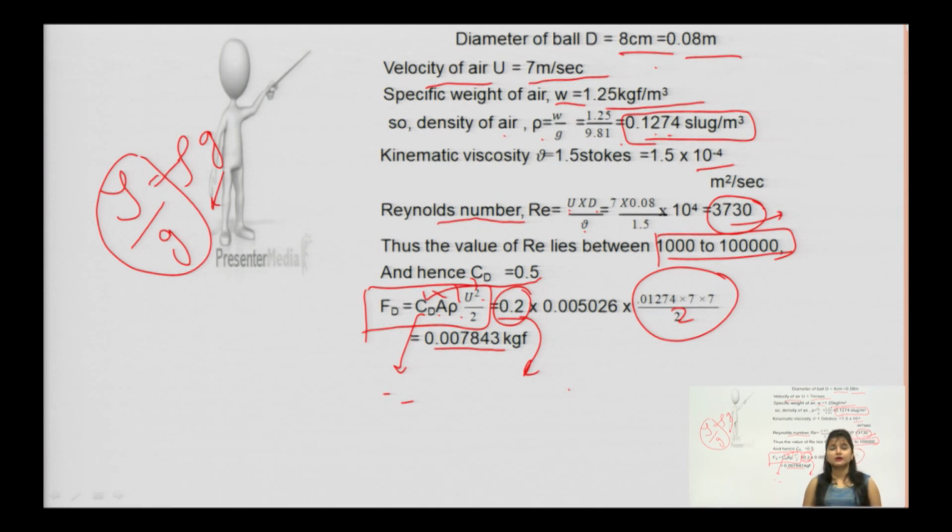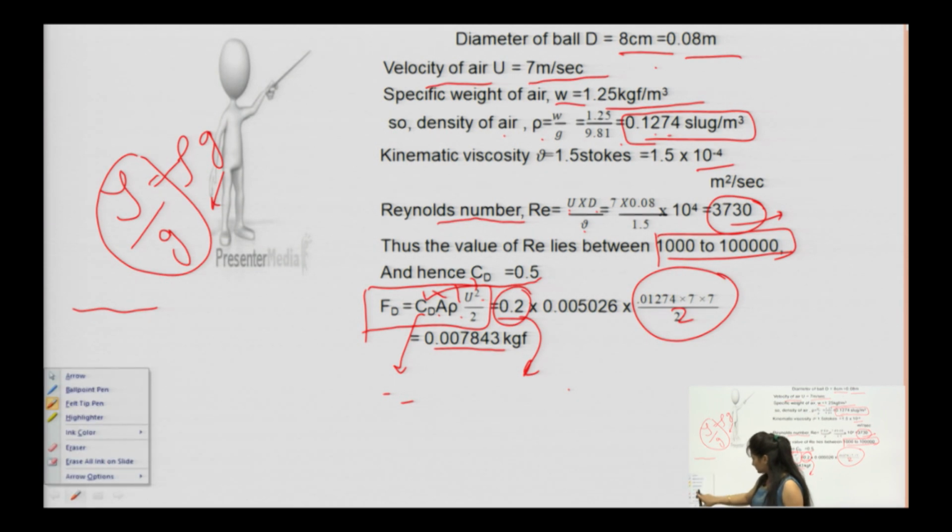It is a simple formula, but the basic science behind it was that whenever a body travels within a fluid, it experiences a force, and that particular force is split up into two directions.